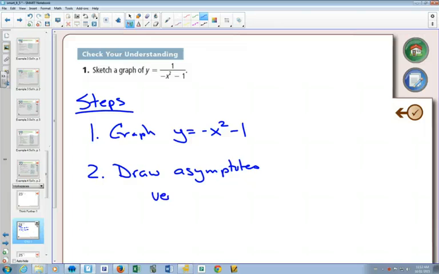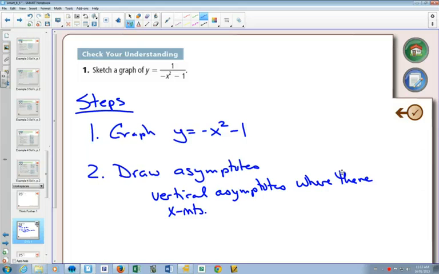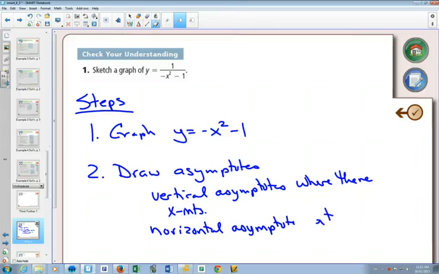Remember that we have vertical asymptotes at all non-permissible values or where there are x-intercepts on our original graph, because then we'll be dividing by 0. And we'll draw horizontal asymptotes, just one of them, not asymptotes, at y equals 0.